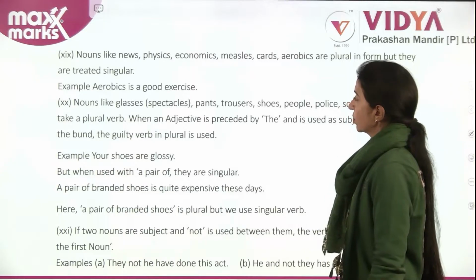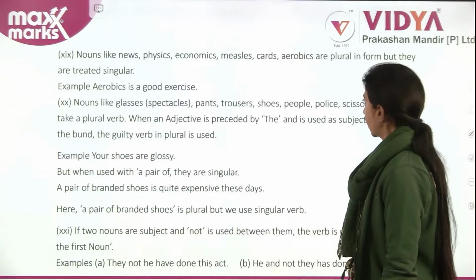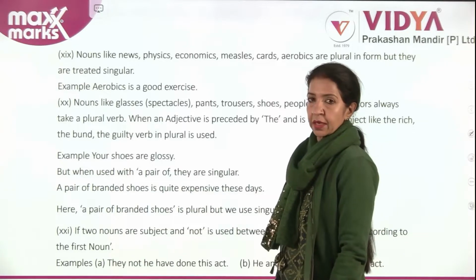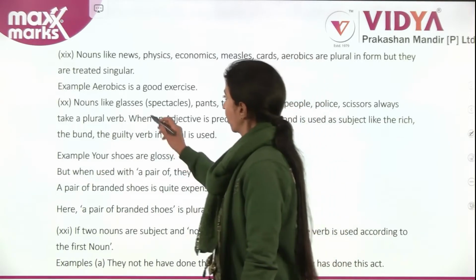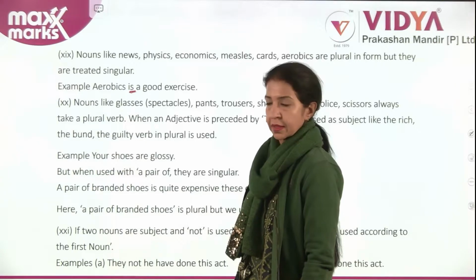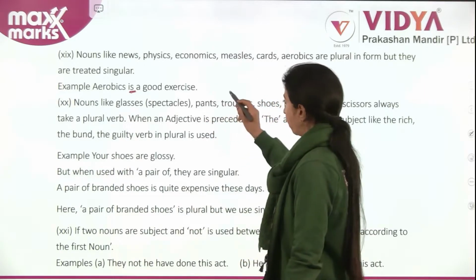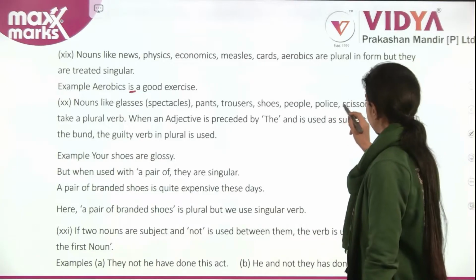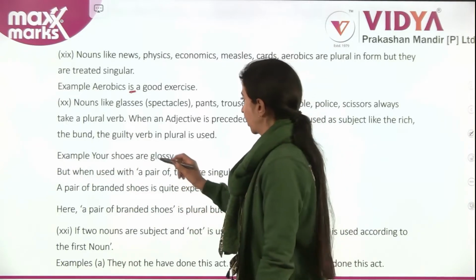Nouns like news, physics, economics, measles, cards, aerobics are plural in form, but they are treated singular. Examples: aerobics is a good exercise. Nouns like glasses, spectacles, pants, trousers, shoes, people, police, scissors always take a plural verb.